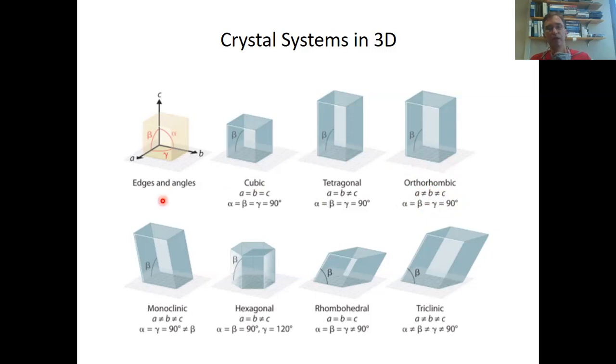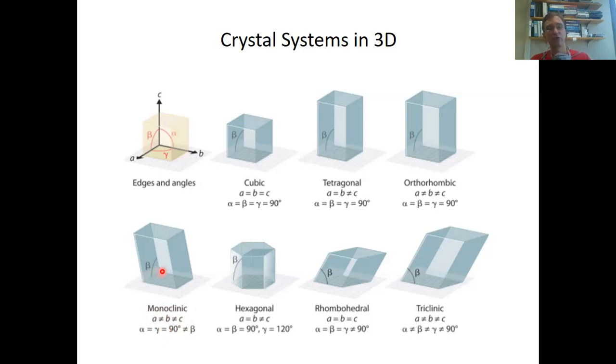So we can further lower the symmetry. When B is unequal to A and C unequal to B, and we eliminate the 90-degree angle, then we go to the monoclinic crystal system. In the monoclinic crystal system, only one 90-degree angle is eliminated. So there's still one 90-degree angle there.